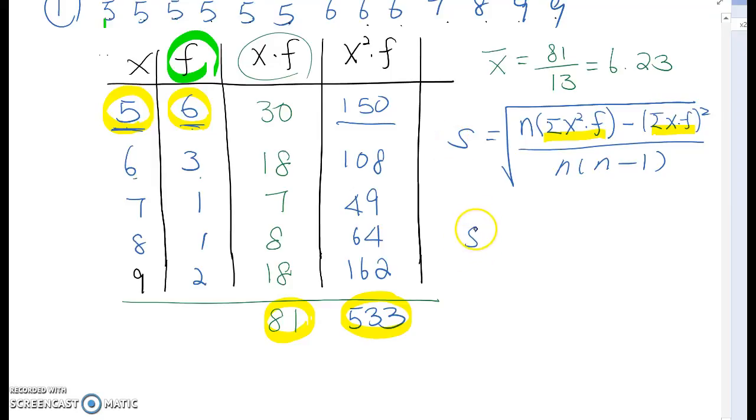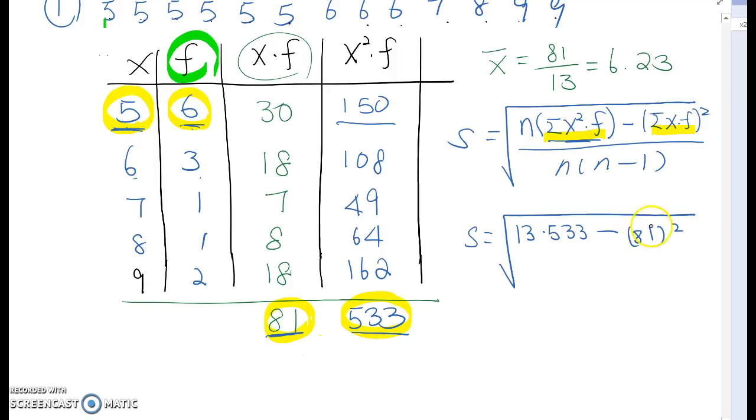Therefore, S equals the square root of, their total is 13 data, so 13 times this value, which is 533, minus this one squared, so 81 squared, over 13 times 13 minus 1, which is 12.